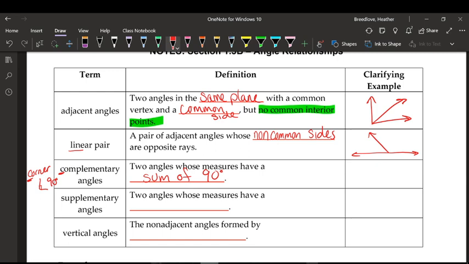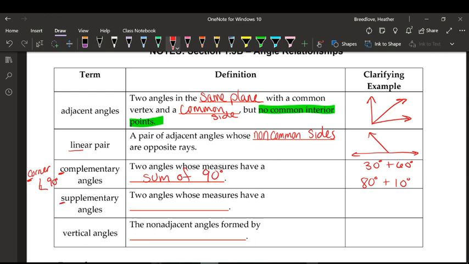If they add up to be 90 degrees, then that makes them complementary. So, it could be 30 degrees plus 60 degrees. Those would be complementary. It could be an 80 degree angle plus a 10 degree angle. Those would be complementary. Any two angles that add up to be 90 degrees are complementary angles. So complementary starts with a C, like corner, and when you have the little box in the corner, it means 90 degrees. So it's me connecting the words for you. Complementary goes with 90, corner.